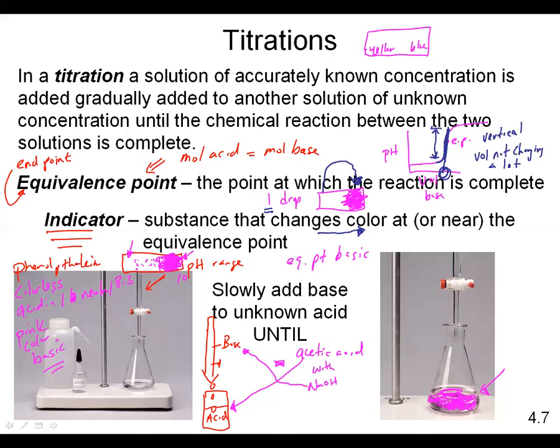So like I said before, it's not really tragic if you are adding the base from the burette drop-wise. If you miss it by a drop, you're still relatively close to the correct volume. It would be probably way off if you added from the burette like I might do, where you just open it up and let it all drop in like a big stream of sodium hydroxide rather than doing a drop by drop or a very slow drop from the burette.